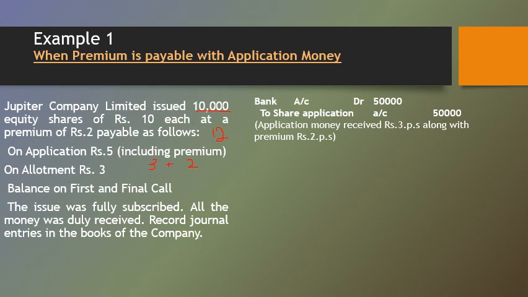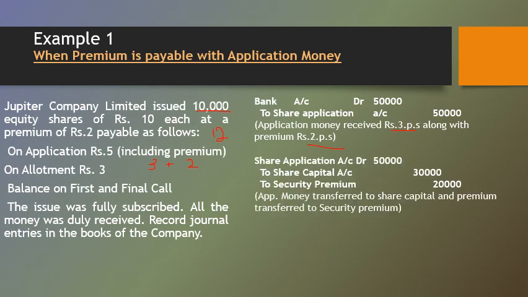They are issuing 10,000 shares, and the application amount is 5, so 5 into 10,000, 50,000. Bank account debit to share application, 50,000. Application money received rupees 3 per share along with the premium of rupees 2 per share. Total 5 into 10,000, so 50,000 rupees will be received as share application.